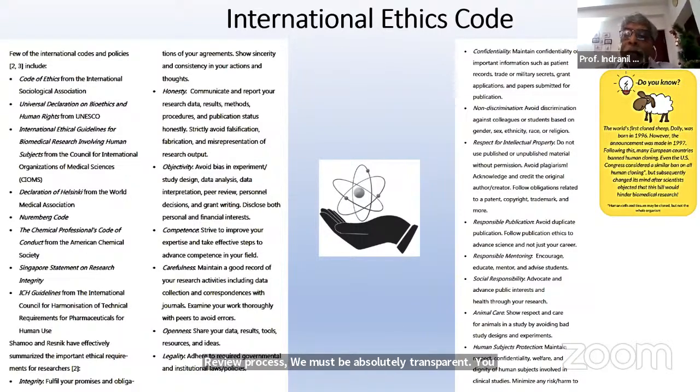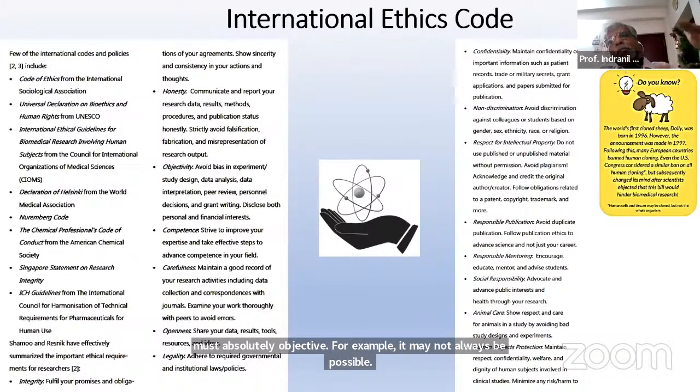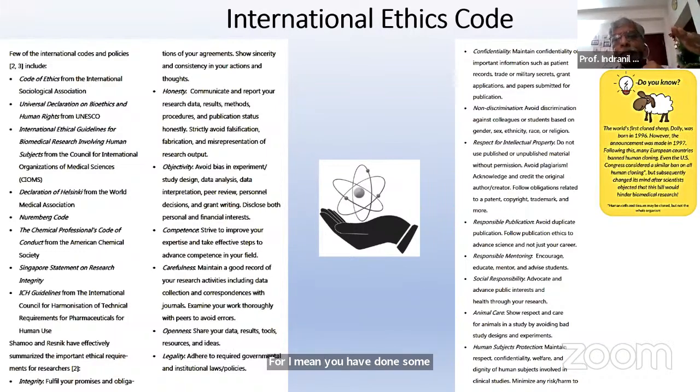For example, you may have done some calculations in a manuscript, or you have reported some study that is very novel. Then it may not always be possible for the peer review team to figure out whether what you have published is absolutely correct or not, whether it is falsified. It is not easy.